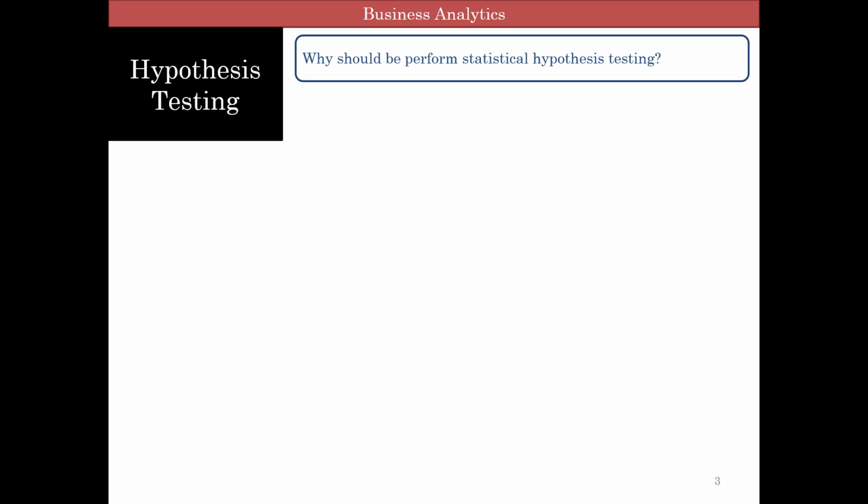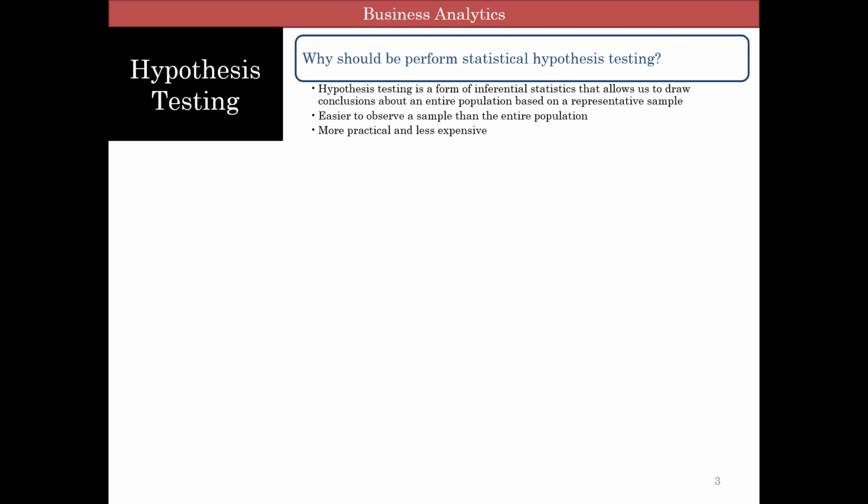And we'll talk about what this is, but we'll first talk about why we should perform statistical hypothesis testing. This is a form of inferential statistics that allows us to draw conclusions about an entire population based on a representative sample.